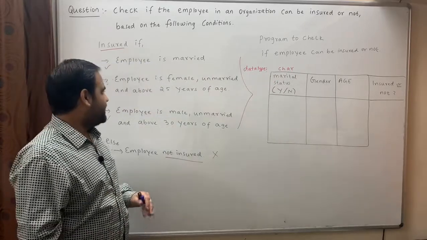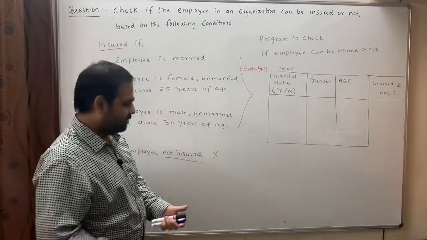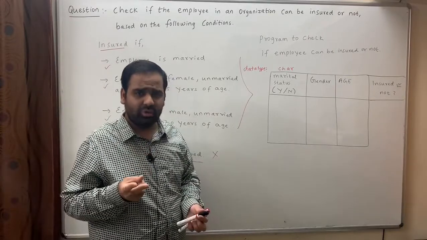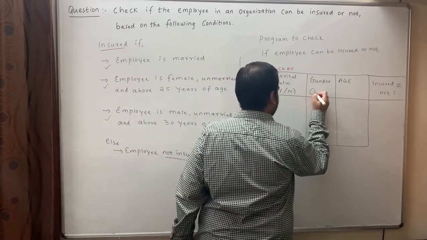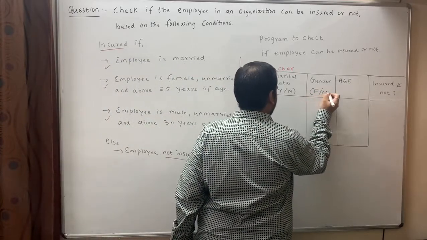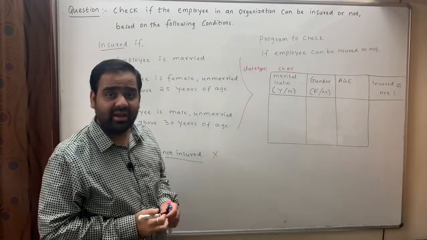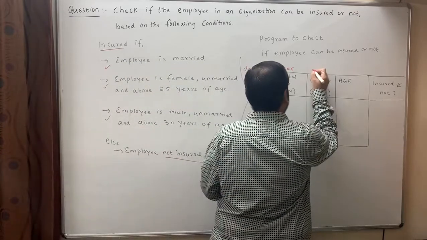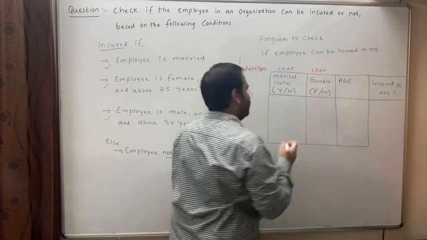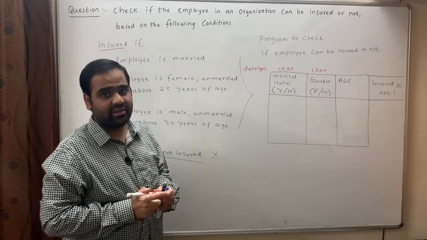Okay. Now the next thing is we need gender. Now this gender has two types, female and male. Again, we can write over here F for female and M for male, only two things. And again, F and M are of data type character. The next thing is age.